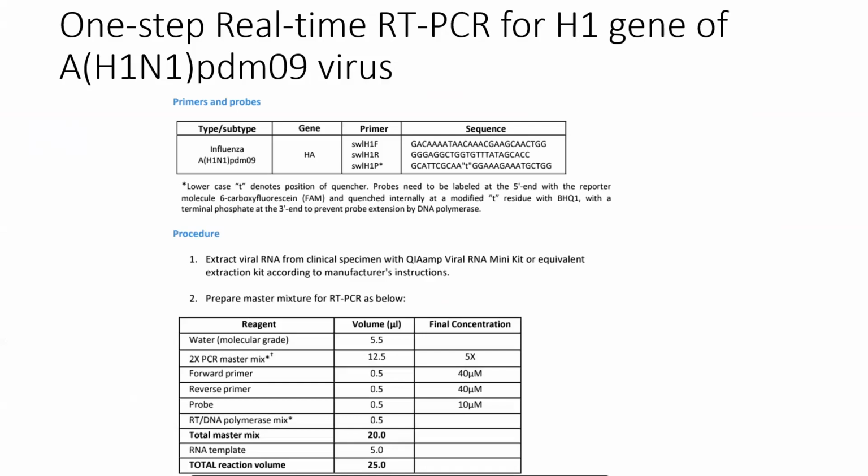As you can see here on my screen, the primers and probes were designed for the HA gene. The primer was designed specifically for that, but what's very important is the probe. In this type of experiment, it's called TaqMan. I will explain it in the next slide in a bit more detail.